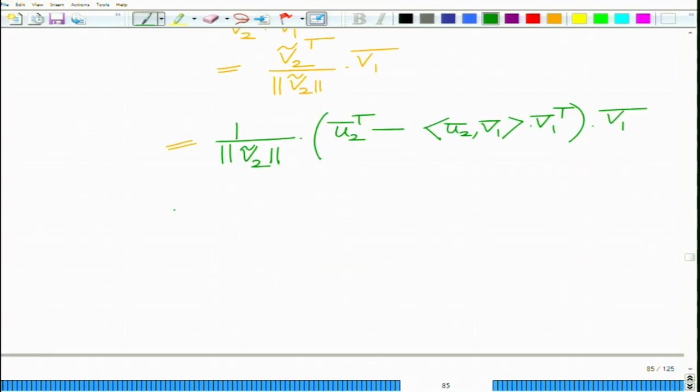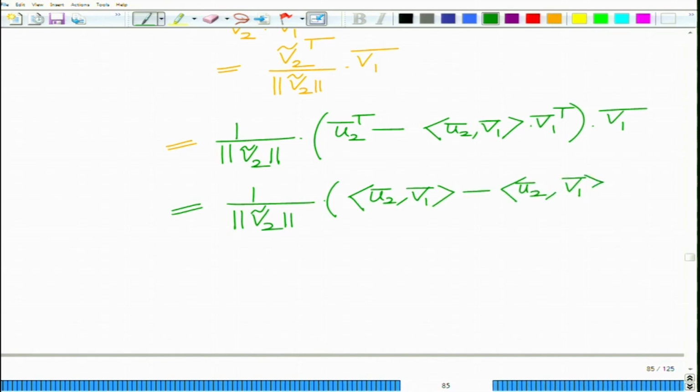Now, if you expand this, what you obtain is 1 over norm V2 tilde times U2 bar transpose V1 bar, that is the inner product of U2 bar comma V1 bar, minus the inner product of U2 bar comma V1 bar times V1 bar transpose V1 bar, which is norm V1 bar square, and this is equal to 1.